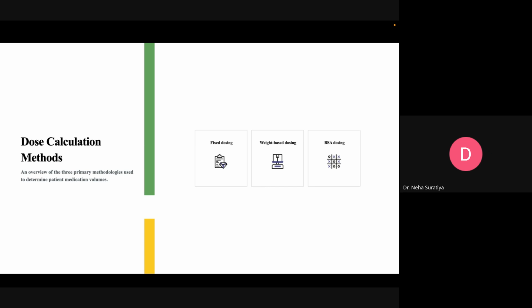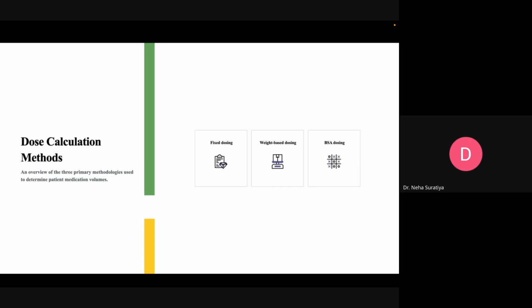Second, we have weight based dosing, which is mg by kg, and in this we need a little calculation. The dose is calculated according to the patient's own body weight. Now, this approach assumes what? That drug distribution and clearance increase proportionally with the patient's weight.